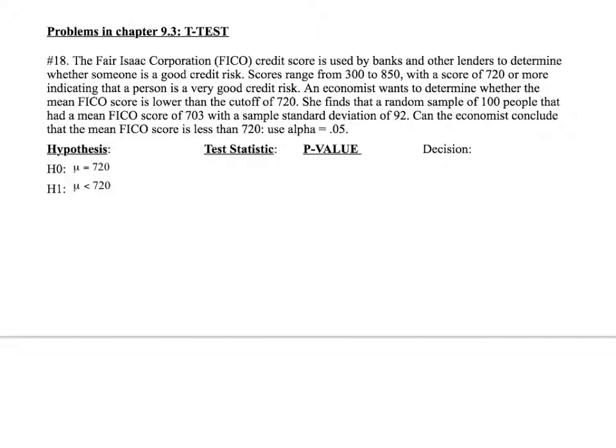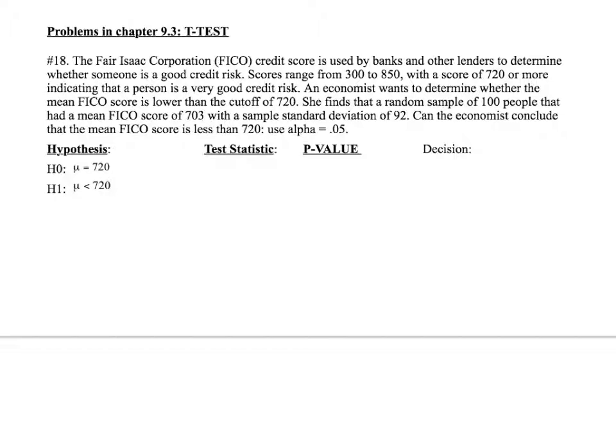She finds that a random sample of 100 people had a mean FICO score of 730 with a sample standard deviation of 92. Can the economist conclude that the mean FICO score is less than 720? Use alpha at 0.05.